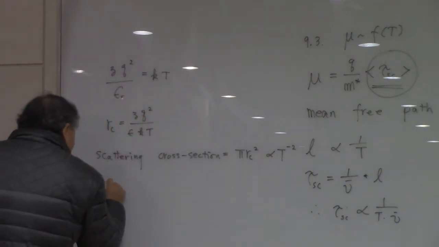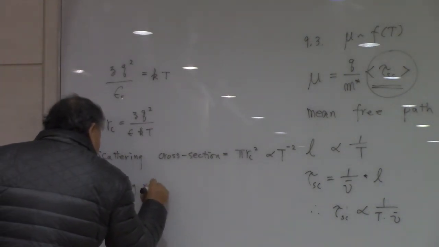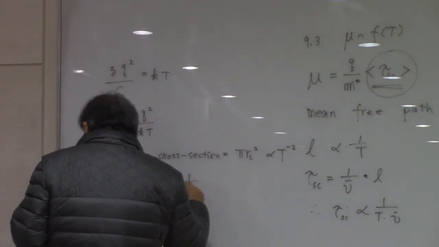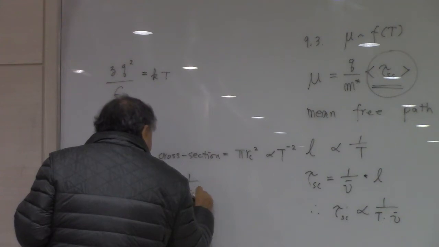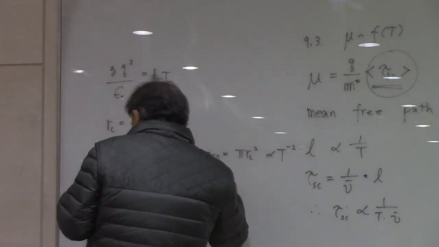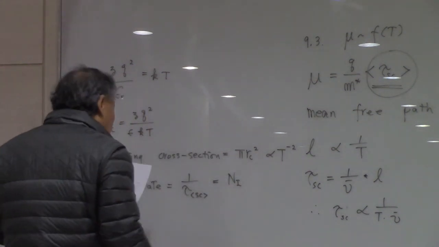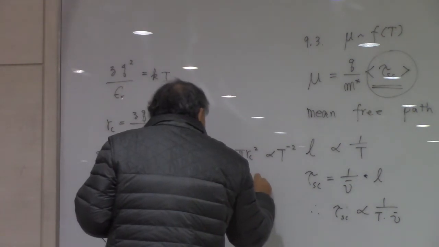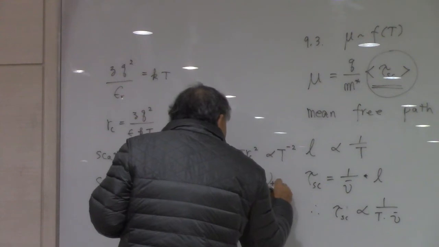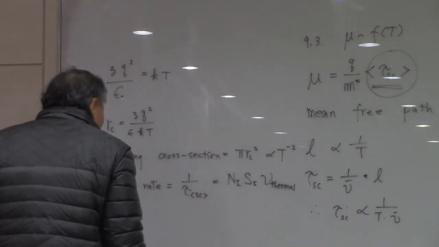And the scattering rate, all right, the scattering rate is equal to 1 over tau, the scattering relaxation time, and that is going to be the density of impurities, charged impurities, times this cross section of impurity scattering, times the thermal velocity of the electrons, the free carriers.